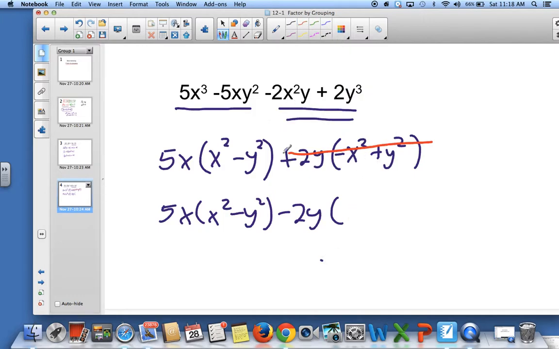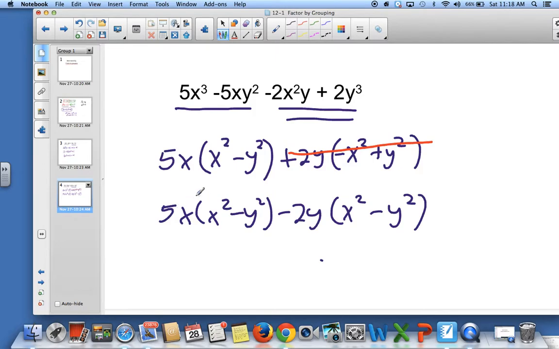I take out a negative 2y, that leaves me with x squared. Now I take out a negative 2, this was positive, which means it has to be negative y squared. And I can always check, does that work? Negative 2y times x squared is negative 2x squared y. Negative times a negative is positive 2y to the third.